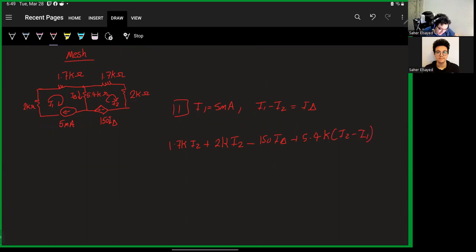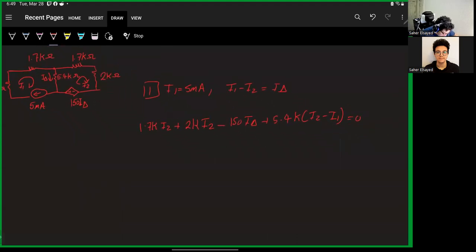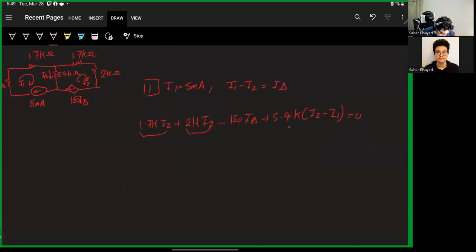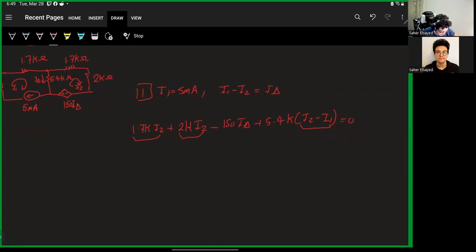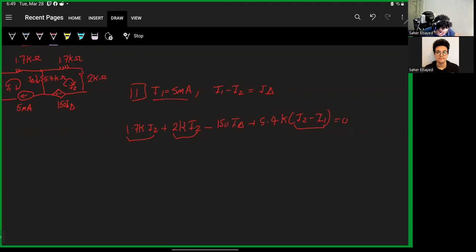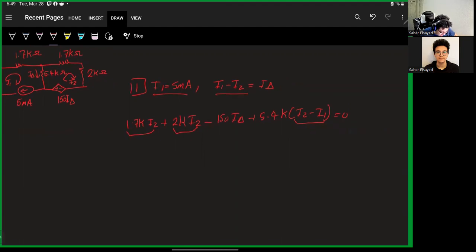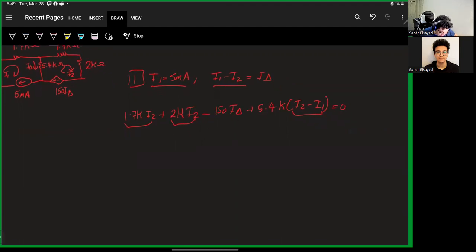Don't put I delta, just put everything in terms of I1 and I2, and your life is going to be easier. So I see I2 here, I see I2, I see I2 minus I1. But I1 is simple, I1 is just a constant. I delta is I1 minus I2. So as you can see here, everything is in terms of I1 and I2. I1 is a known number. The I delta can be simplified to I1 minus I2.